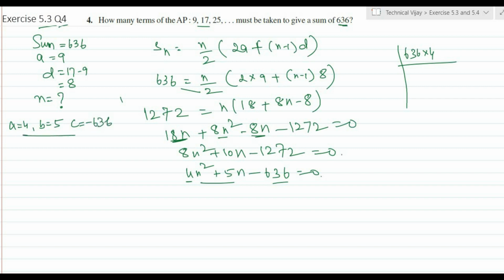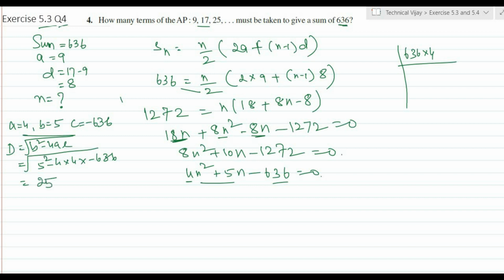Okay. So for using that formula, first we will calculate the discriminant, which is equal to B square minus 4AC, under square root. So B square means 5 square minus 4 into A, 4 into minus 636. Okay. This is under root.